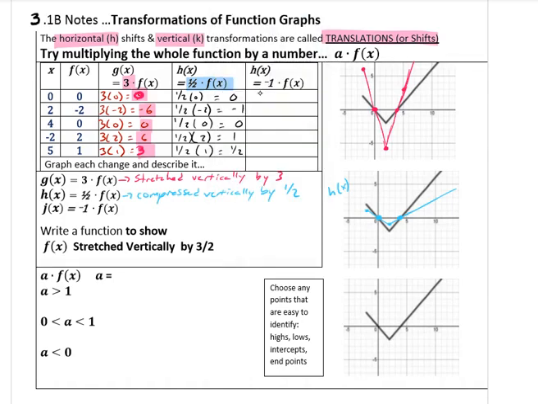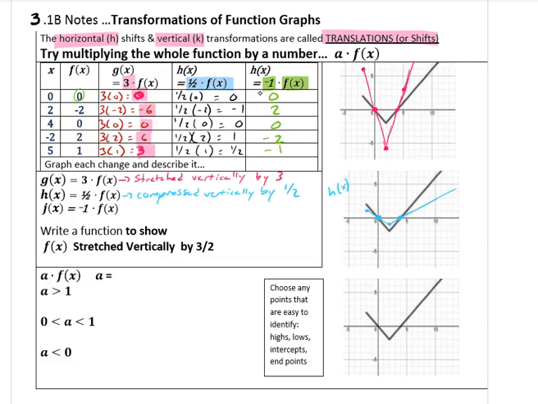In this last one here, I'm taking my values and multiplying them by negative 1. So 0 times negative 1 is just 0, negative 2 times negative 1 is 2, 0 times negative 1 is 0, 2 times negative 1 is a negative 2, and 1 times negative 1 is negative 1.